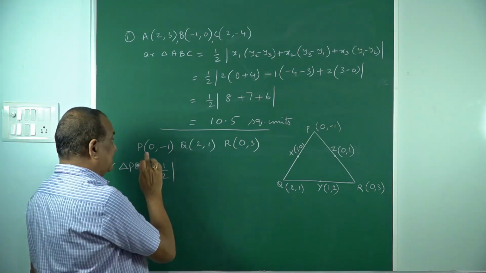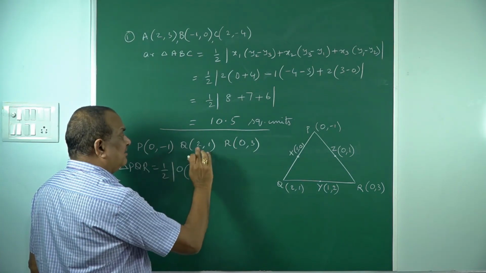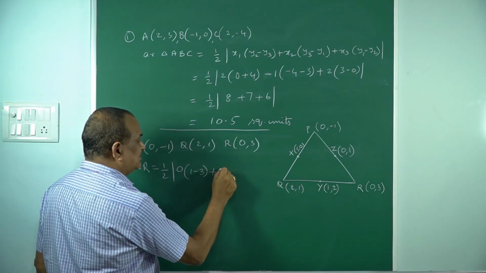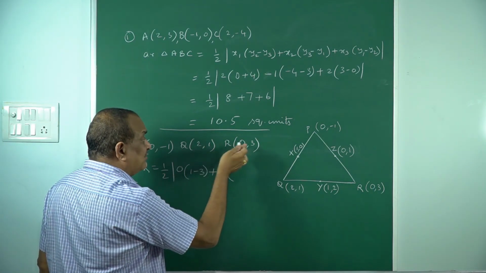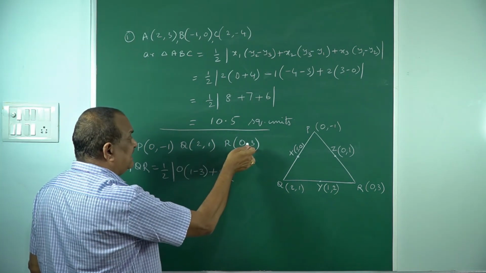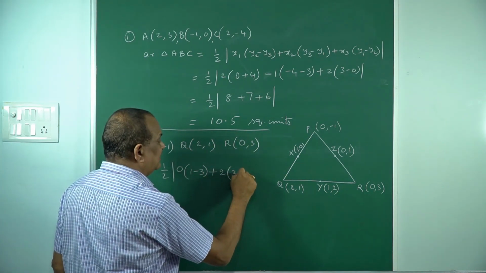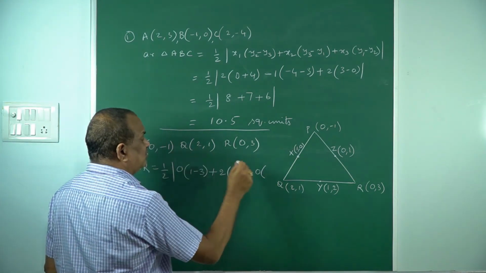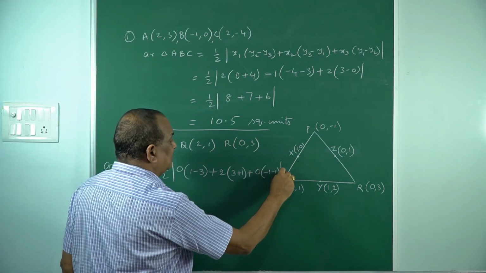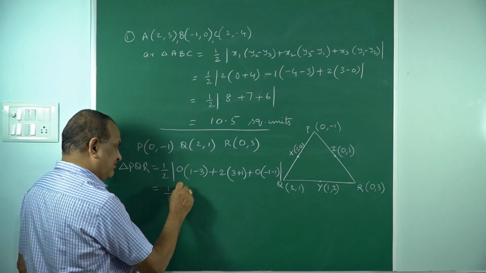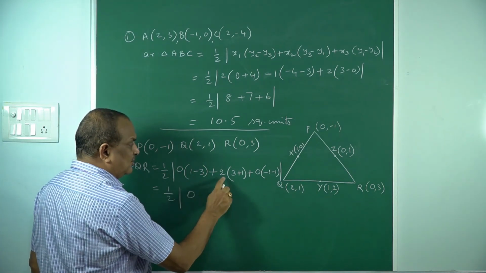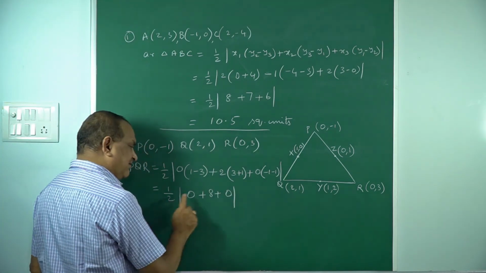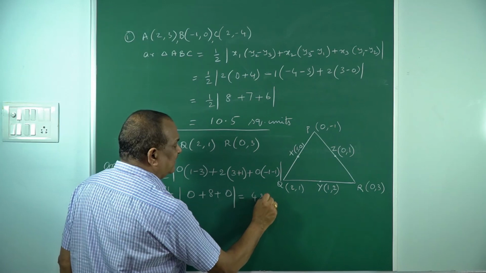I am substituting here x1 times (y2 minus y3), 1 minus 3, plus x2 times (y3 minus y1), 3 minus minus 1, 3 plus 1, plus x3 times (y1 minus y2), minus 1 minus 1. We are done with this, and half of 0 times something is 0, 2 times 4 is 8, and 0 times something is 0, and half of this 8 is 4 square units.